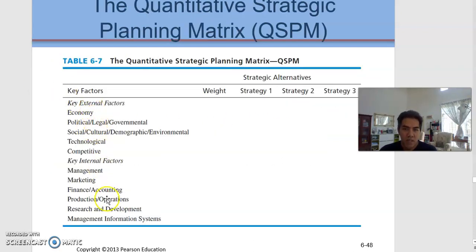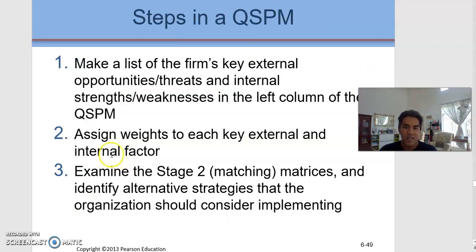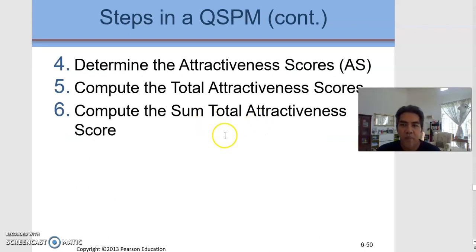So in this column, the key external and internal factors. And then what you do is assign the weights, identify the alternatives that we should consider, put on the attractiveness scores, and then compute the sum total attractiveness score.